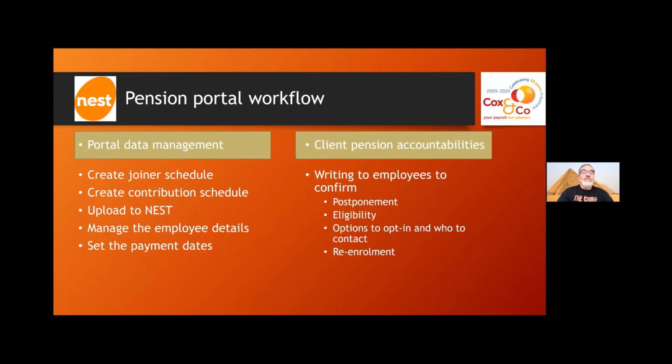Payments in respect of pension contributions are due on the 22nd of the month, or the last working day prior to that. Nest treat it as the 21st, so they allow themselves an extra day. Going back, they couldn't even tell you when it was going to be paid. It was within a 5-day window. So they've allowed that, but you can set the payment date.